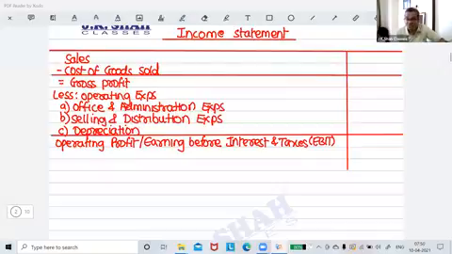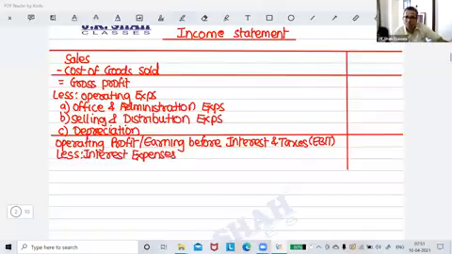So now if it is earning before interest and tax, then what will you do? Less interest expenses. Once I subtract this, what will I get? It was earlier earning before interest and tax. Now interest is paid, so it will remain as what?